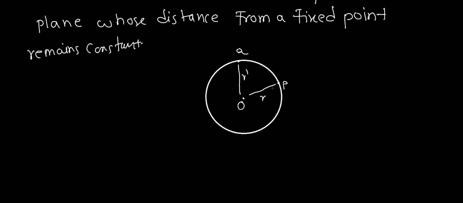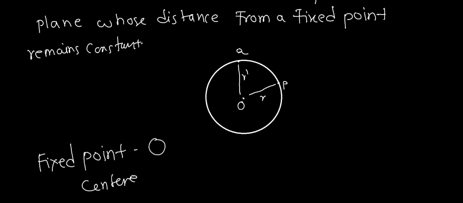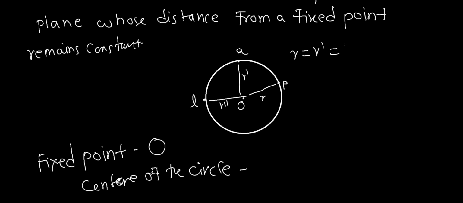So in other words, the fixed point, that is here in our case O, is called the center of the circle. And constant distance means O to P, O to Q, if we take L, so O to L, they will all remain constant, like R is equal to R dash equals to R double dash.